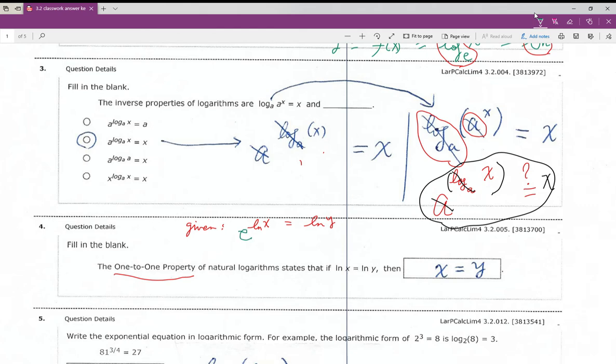If I pretend they are the exponent to the same base e, then what happens? Because these two are inverse functions, ln equals log base e.